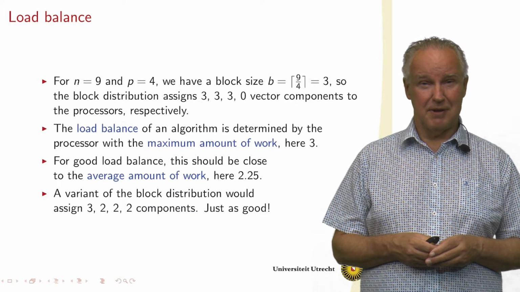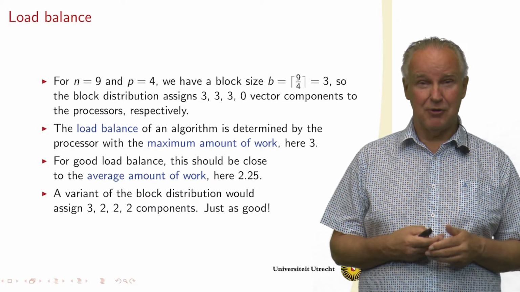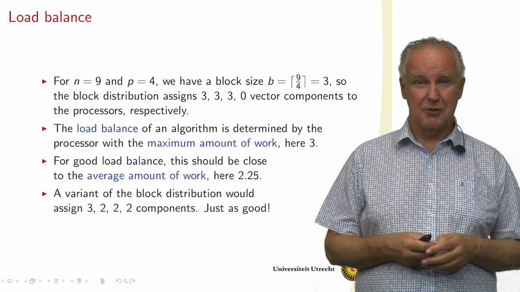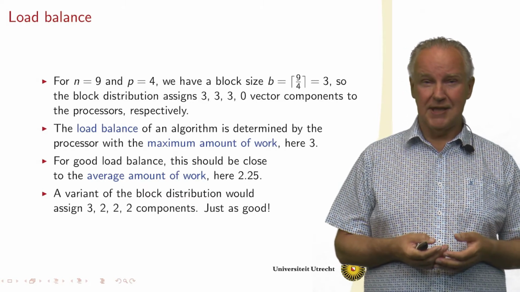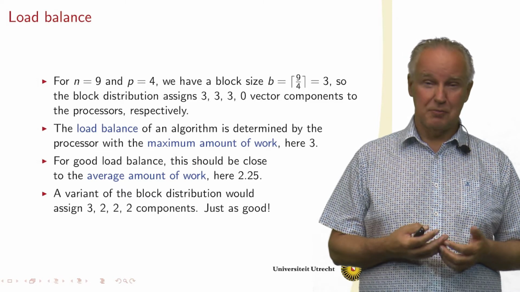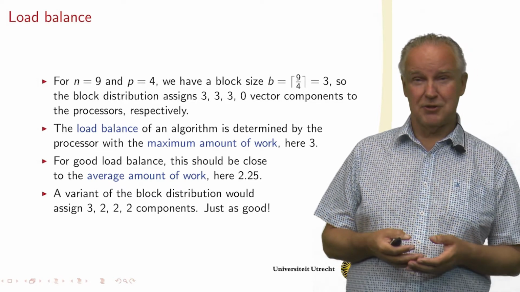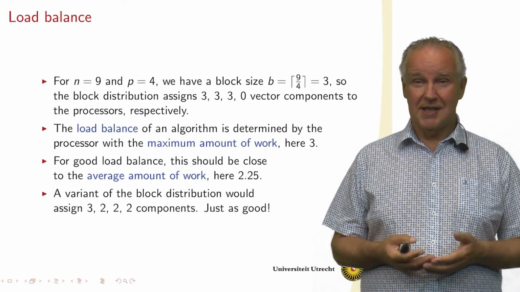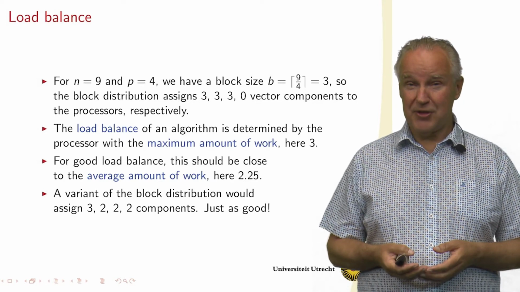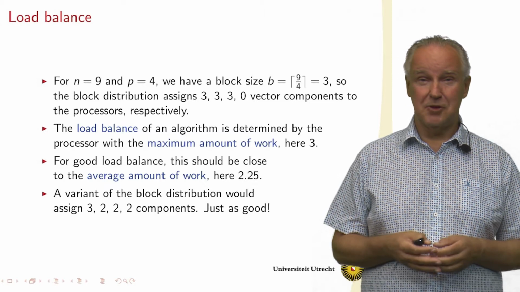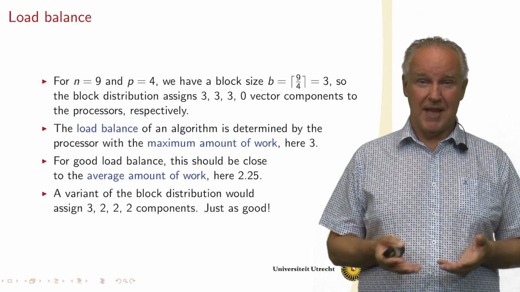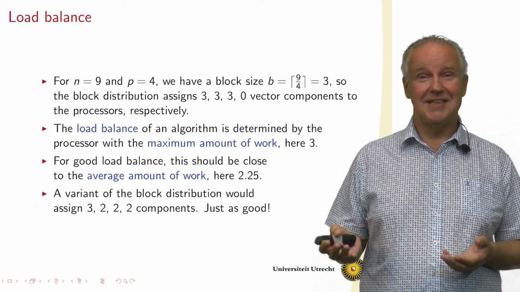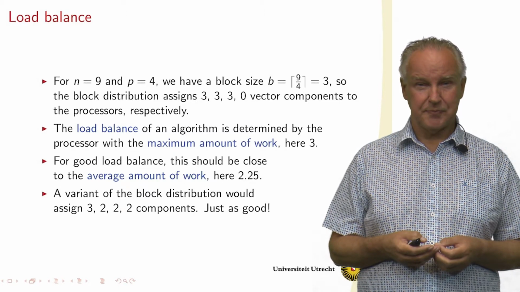So 9 divided by 4, 2.25, rounded up is 3. So we assign blocks of 3 to the processors. Processor 0 gets 3, processor 1 gets 3, processor 2 gets 3, and then processor 3 gets 0 components. So actually it looks like we don't need this fourth processor.